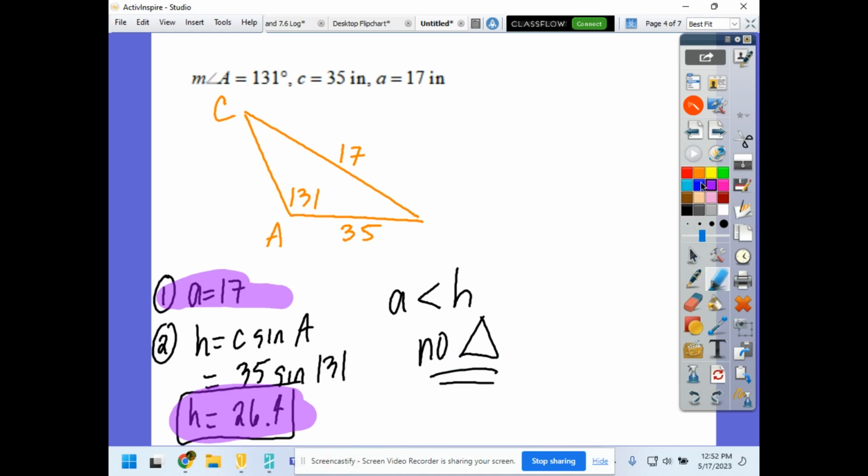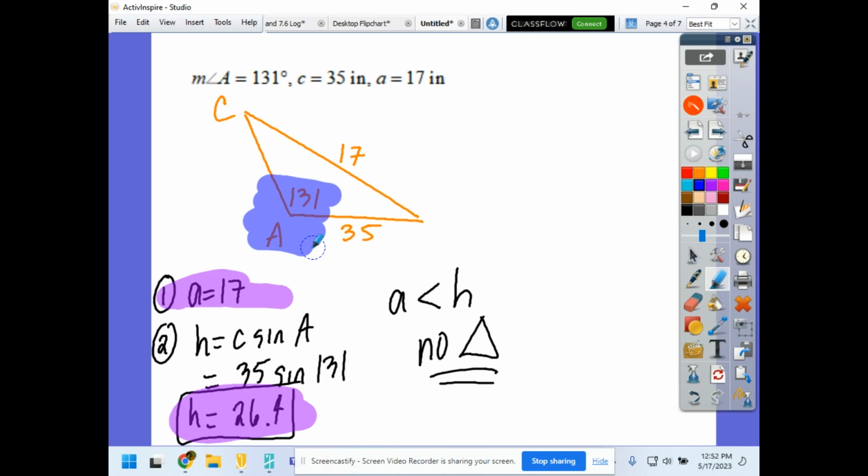And also, common sense: if A is 131, which is an obtuse angle, there could be only one obtuse angle in a triangle. You cannot have two obtuse angles because the sum of the angles in a triangle is 180.